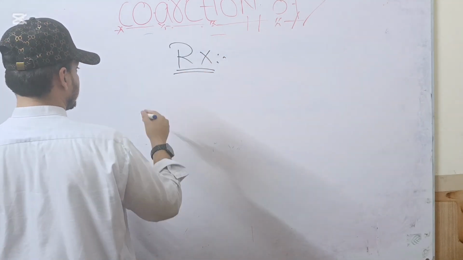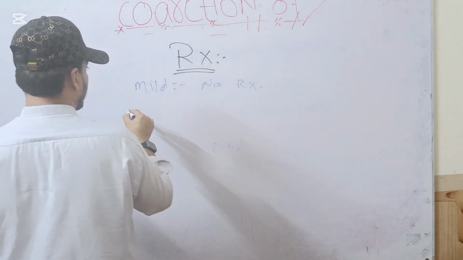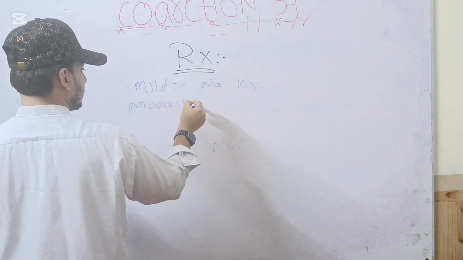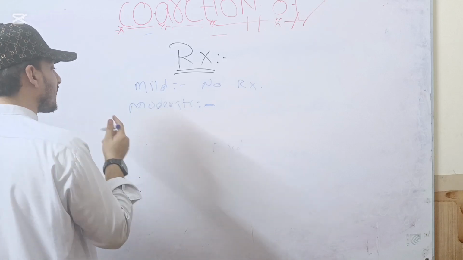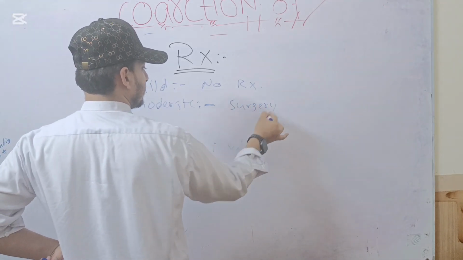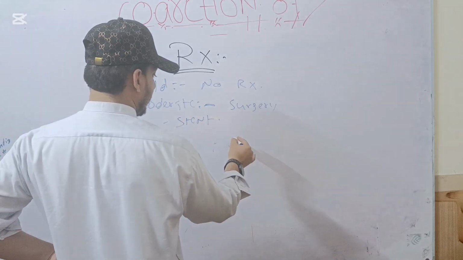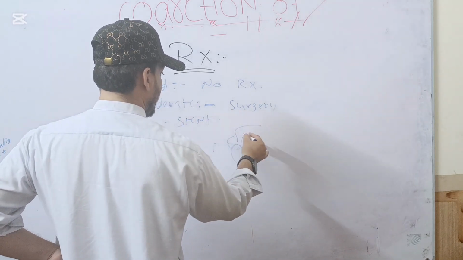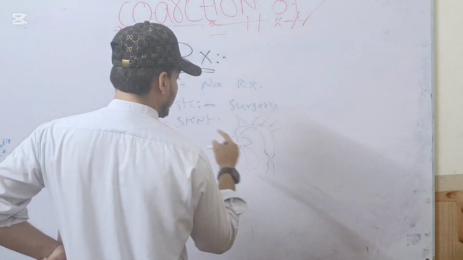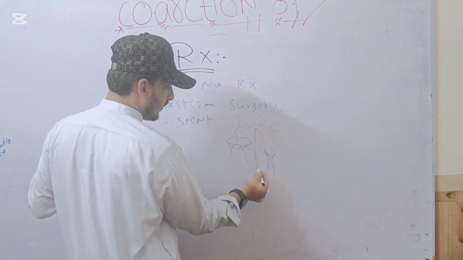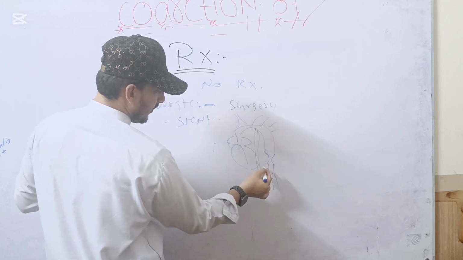If mild, no treatment. If moderate, surgical. Surgery, stent. For example, here is coarctation of the aorta, so we bypass that, and the bypass graft we give here.